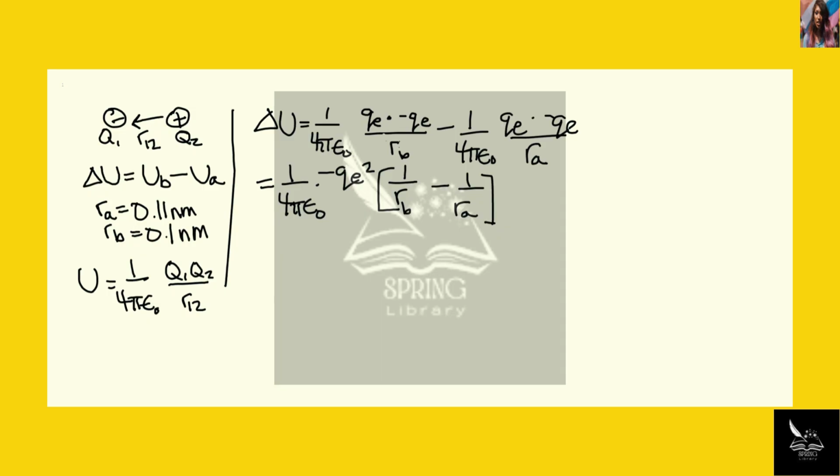Okay. So now we can plug in our constants. So we have a 1 over 4 times pi, which we can round to 3.14. You look up in the back of our book, our epsilon naught, that's 8.85 times 10 to the minus 12 coulombs squared over newtons times meters squared. Okay, times, we have a minus sign here.